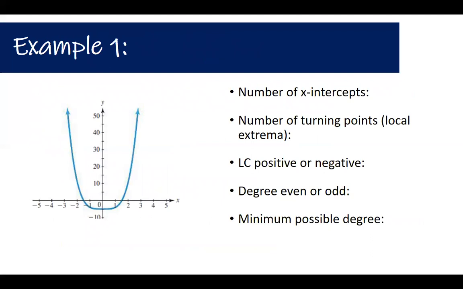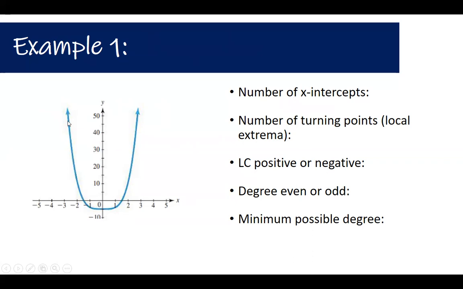Given this graph, let's count the number of x-intercepts. We have 1 and we have 2, so it crosses twice here. The number of turning points: it goes down, and somewhere around here it turns and goes back up, so we have 1 turning point. We see that it's going up in both directions, right?